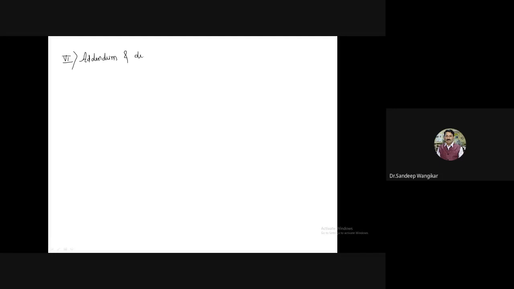Addendum and dedendum circle diameters for pinion. Gear is not asked, we are not calculating. If it is asked, we can calculate, no problem. Only ZG we have to put there, nothing else changes.